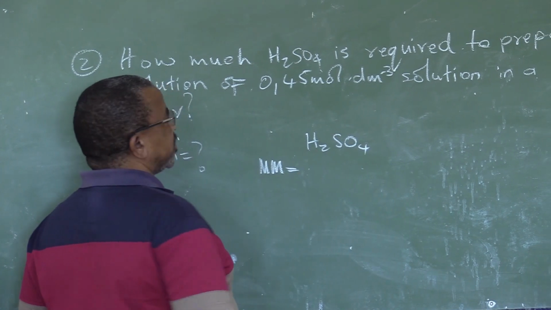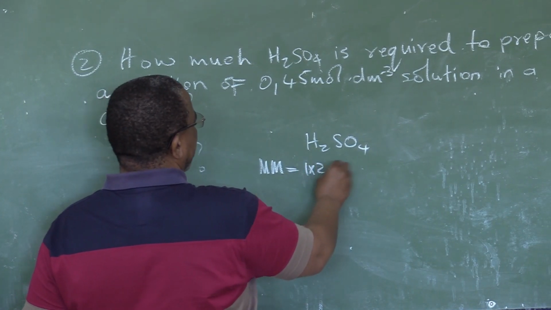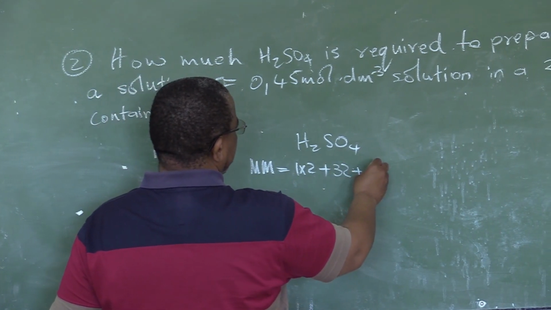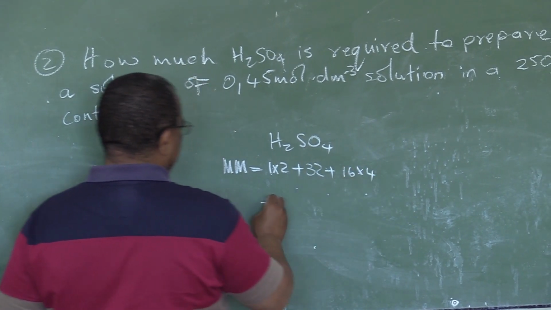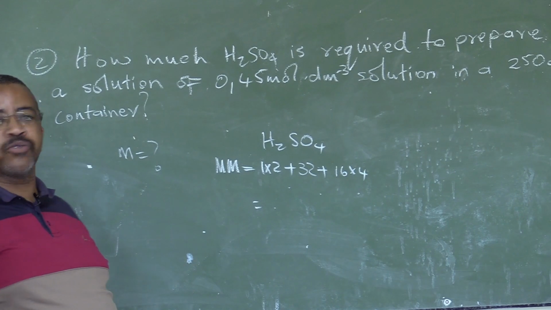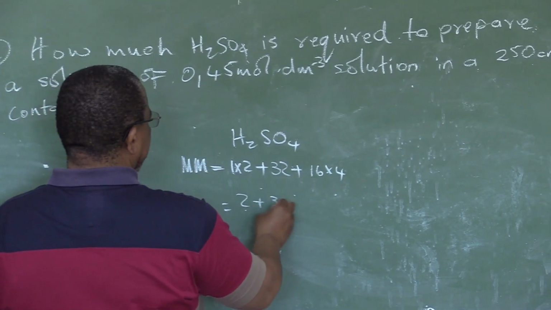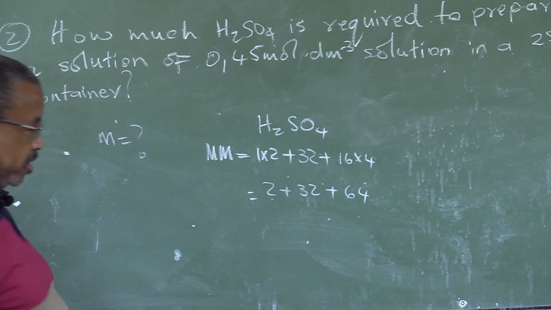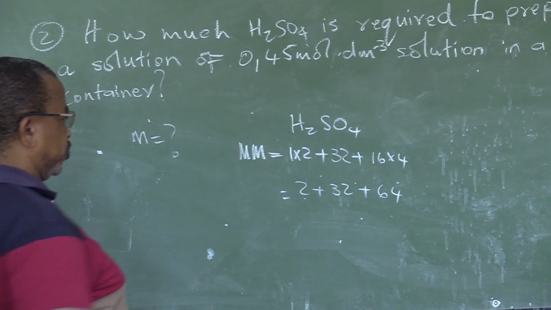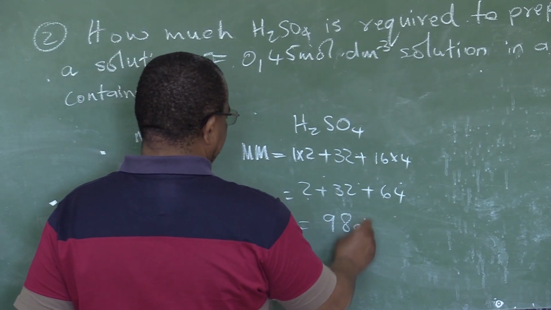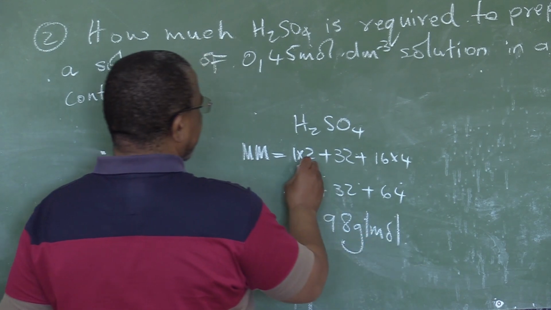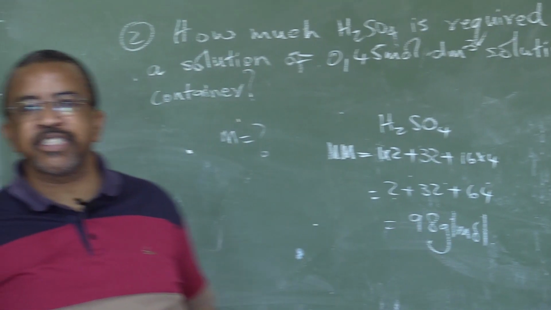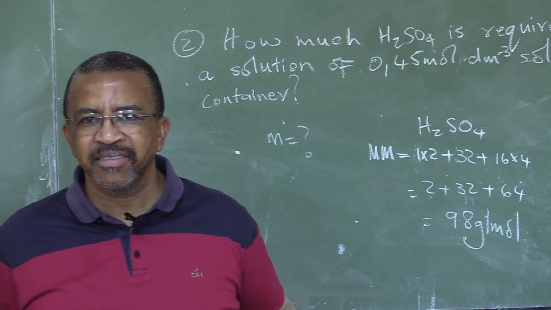Let me check that I'm right. The atomic mass of hydrogen is 1, so 1 times 2, plus sulfur is 32, plus oxygen 16 times 4 is 64. So 2 plus 32 plus 64 gives 98 grams per mole. You can ask where these numbers come from: you get them from the periodic table under atomic mass.